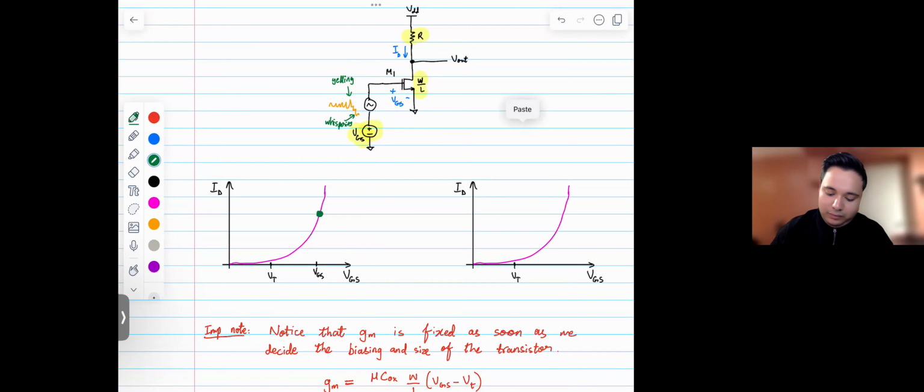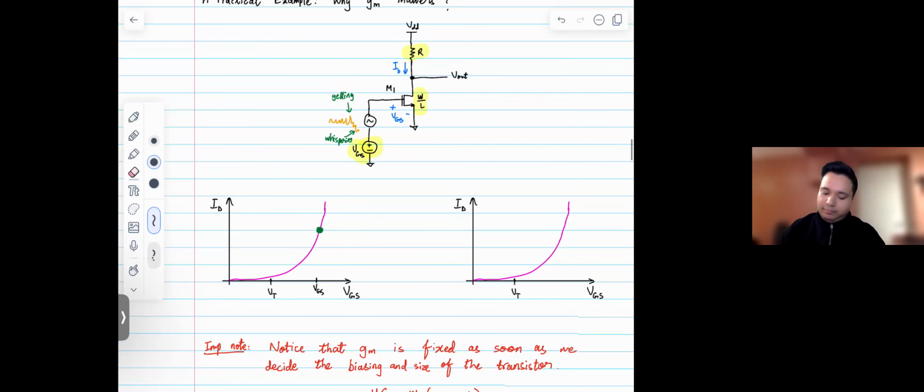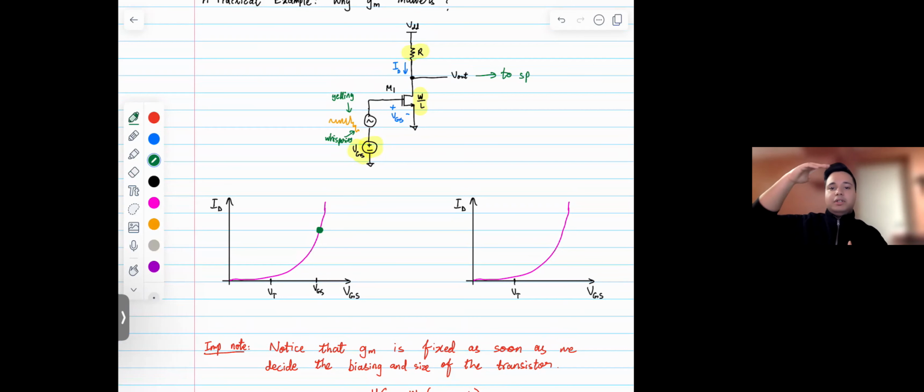The point is that it's a very small amplitude electrical signal coming from the microphone. We're trying to amplify it, and then the output goes to the speaker. So we're going to convert this little electrical signal into a high amplitude signal, and then send it to a speaker.